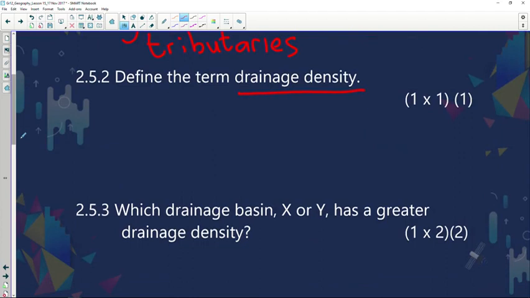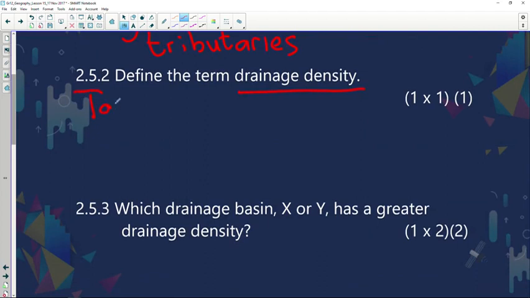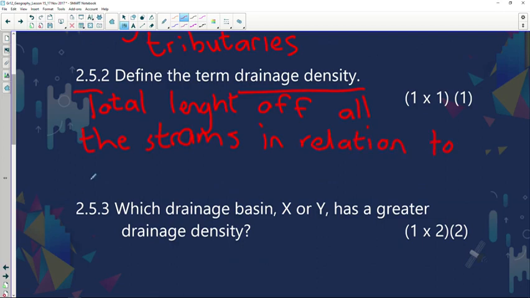Define the term drainage density, and the correct answer over there is the total length of all the streams in relation to the size of the drainage basin.